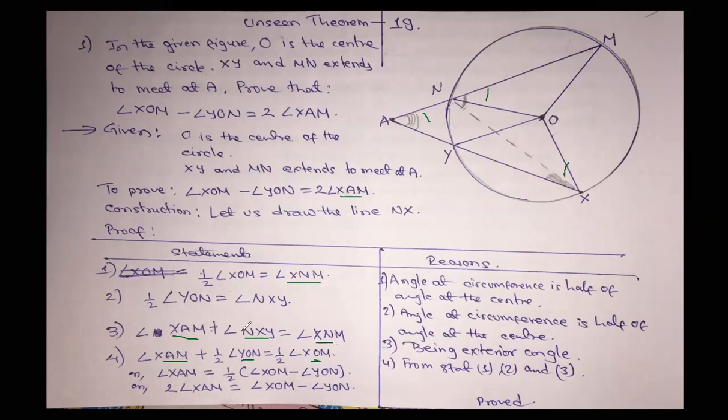In place of XY, what to write? Half YON. In place of XM, what to write? Half XOM. Now half and half will become common, so take half as common, then what remains?